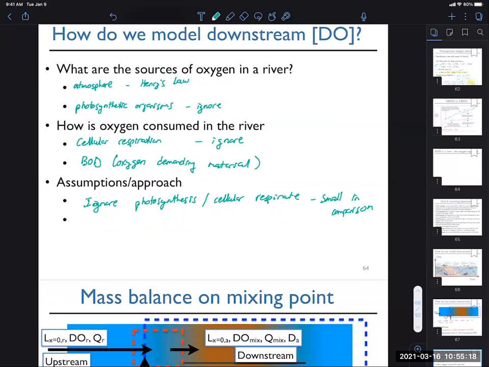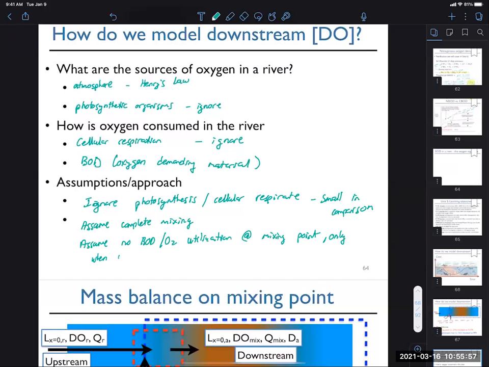Another assumption, just to again make sure it's written down, is that we're going to assume that there's complete mixing. We're also going to assume no BOD O2 utilization at the mixing point. Only when waste starts traveling downstream.